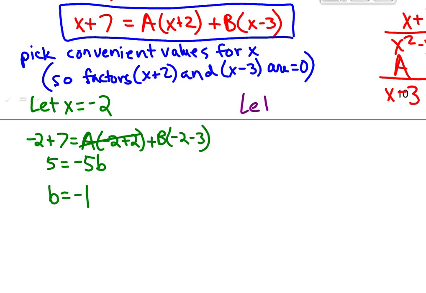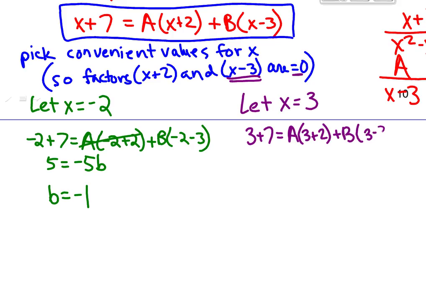Then I'm going to do the same thing over here. For my next situation, if I wanted to make x minus 3 equal to 0, x would equal 3. So let x equal 3, and I'm putting that in that big box equation again. So 3 plus 7 equals a times (3 plus 2) plus b times (3 minus 3).